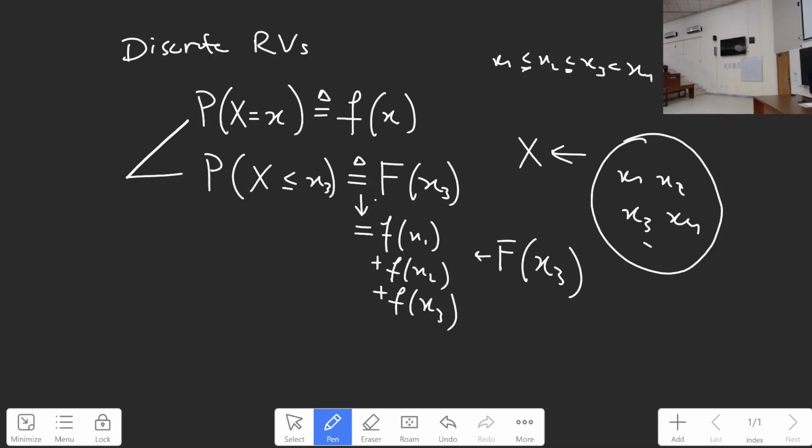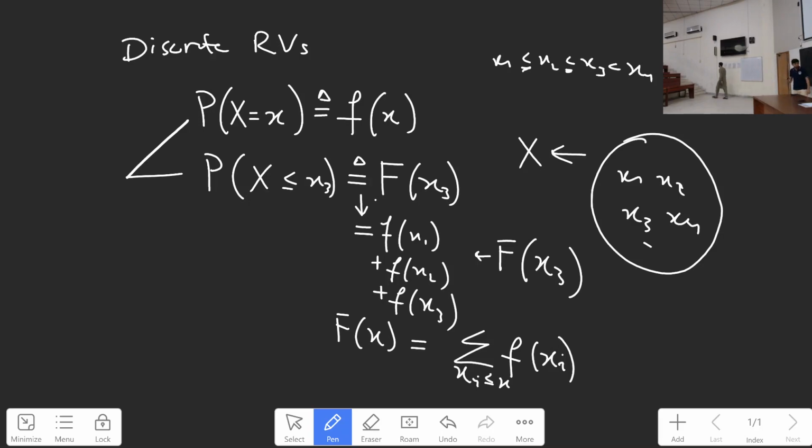And in general, we were able to write this as what? We were able to write F(x) as just a summation of the small f(xi), where xi is less than or equal to x.